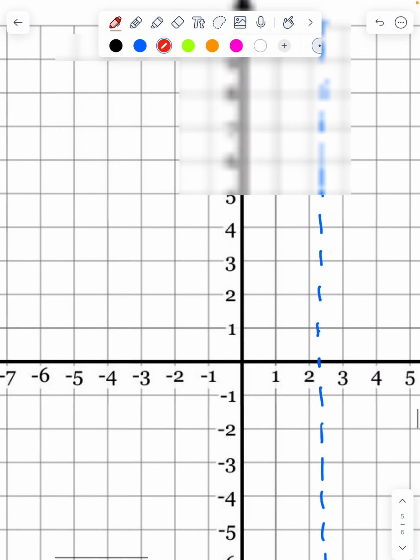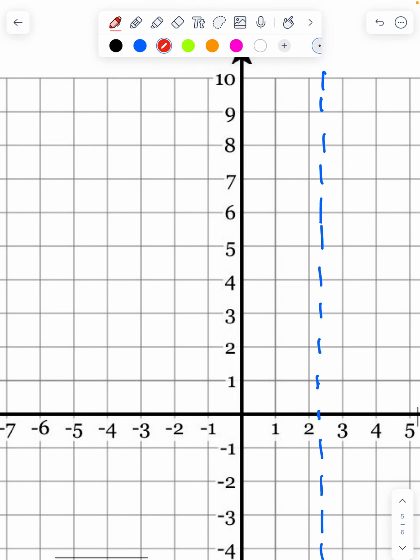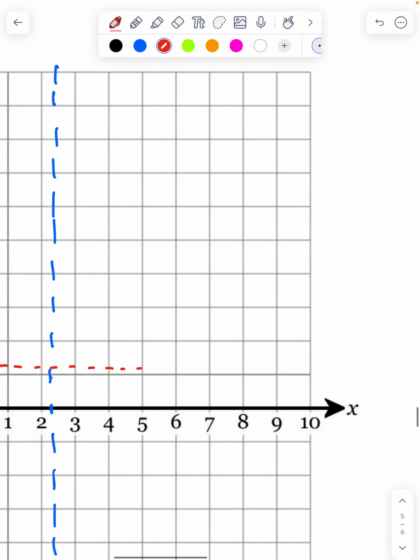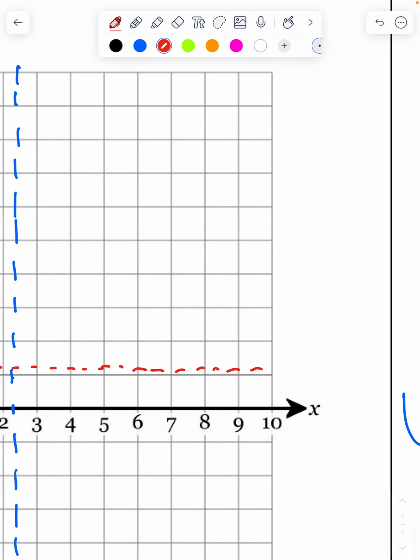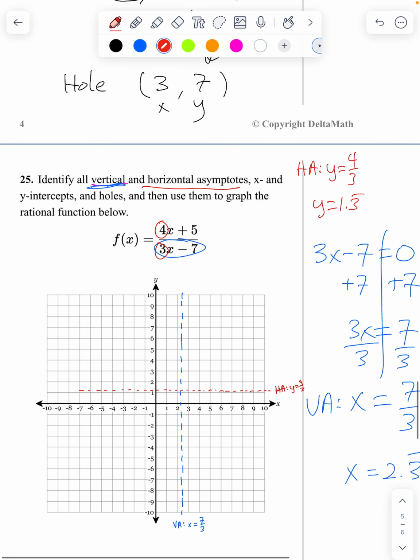So I'm thinking like 1 and a third. So that's 1 and a third. So my horizontal asymptote is y equals 4/3. So that'll take care of that.